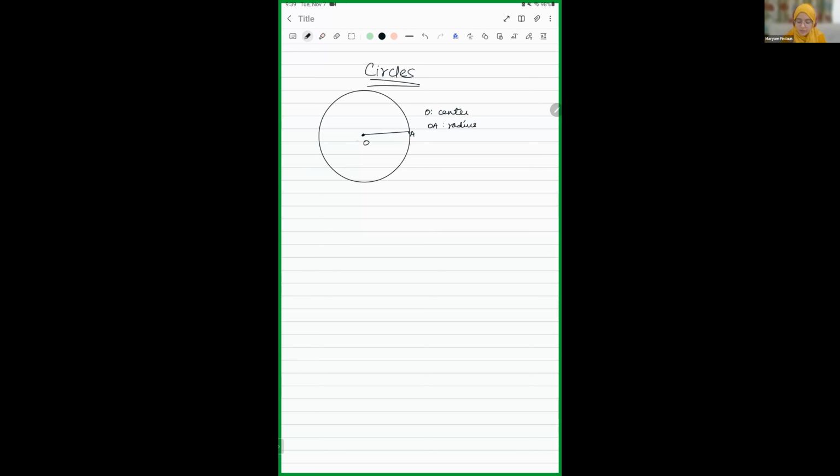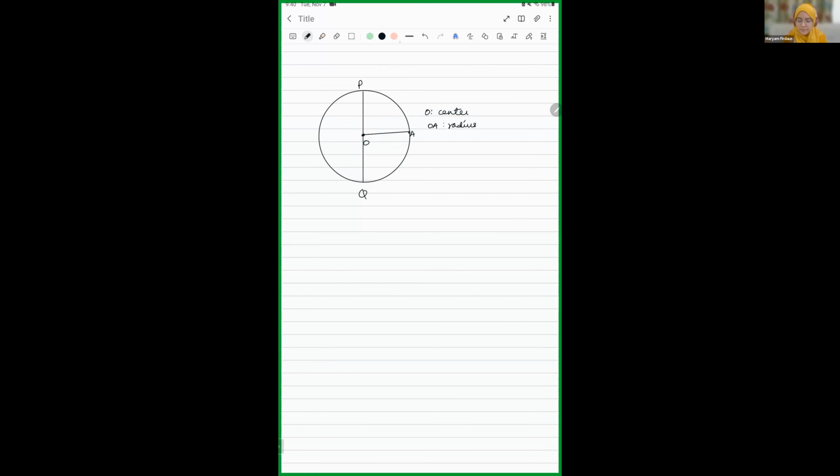And what about, diameter. Very good. So this is, let me just make it separately. If I call this PQ, then PQ is the diameter.